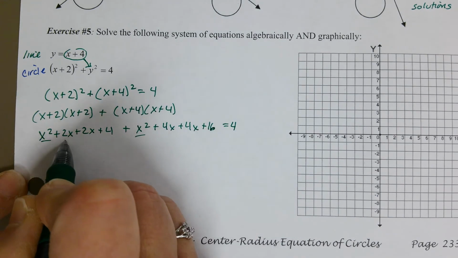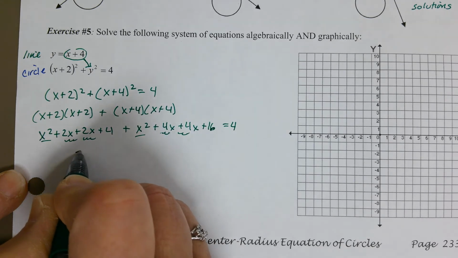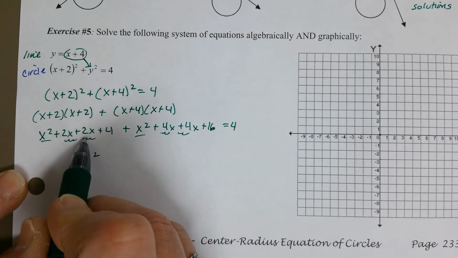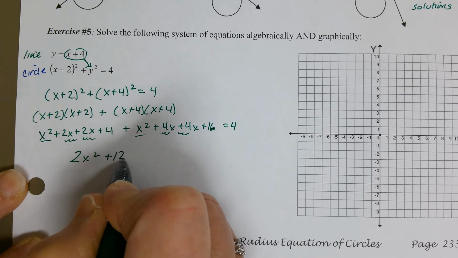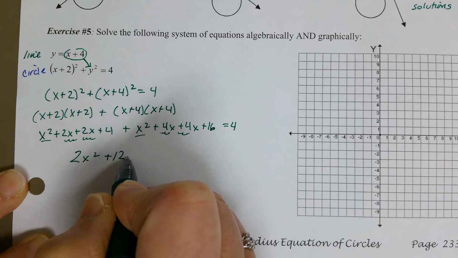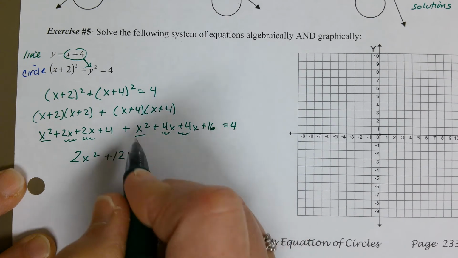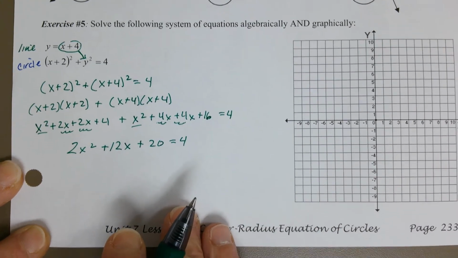Combine like terms. 2x², then 2x and 2x is 4x, and another 4x is 8x... that is, 4x and another 4x and another 4x is 12x. And 4 plus 16 is 20.